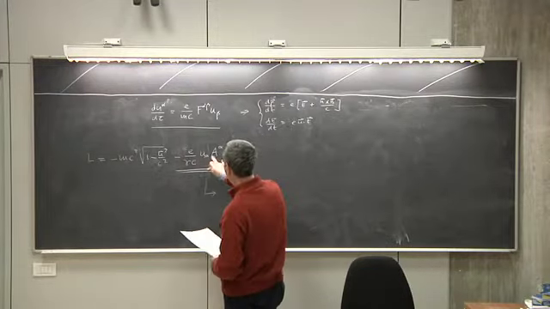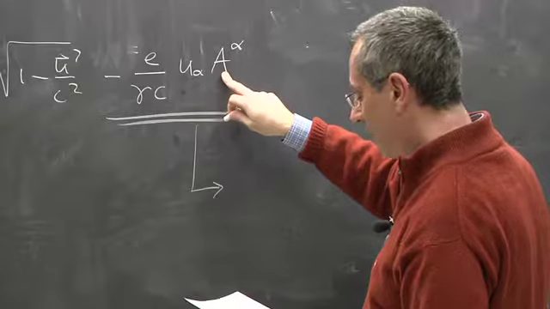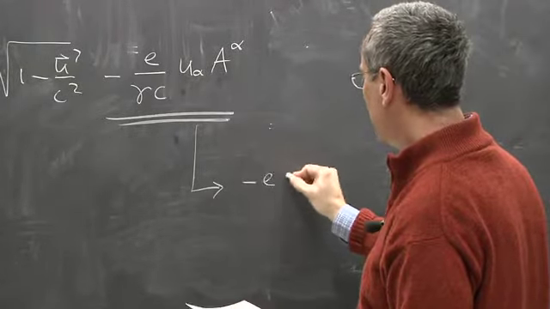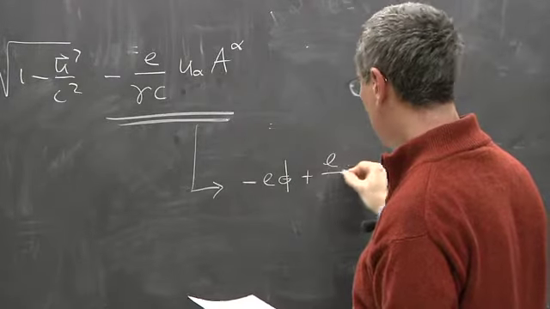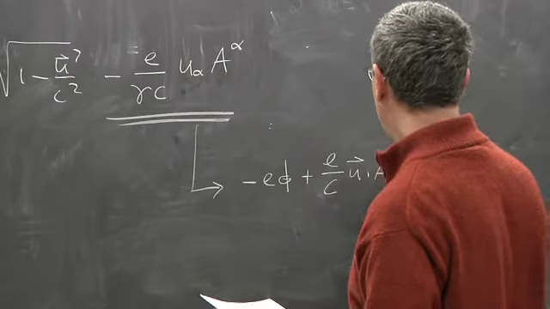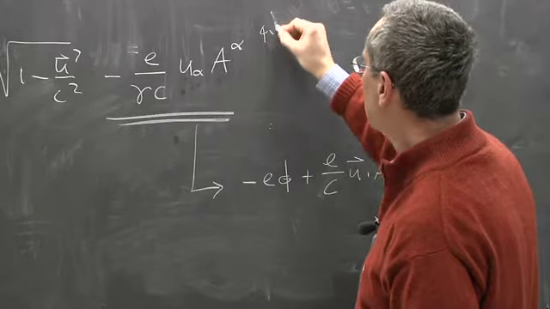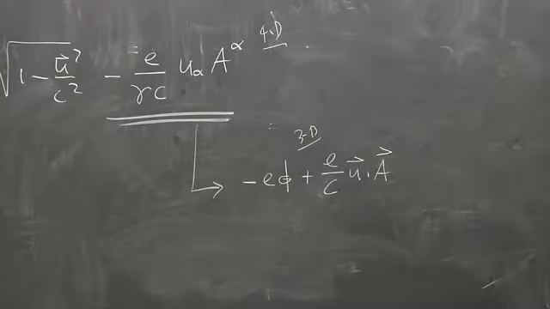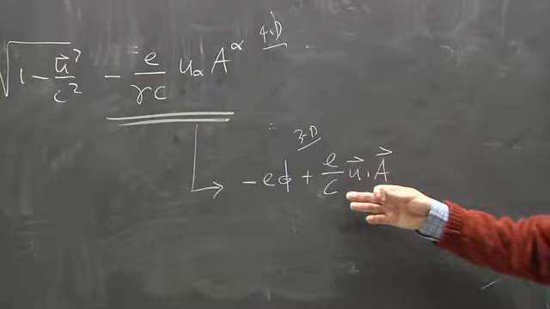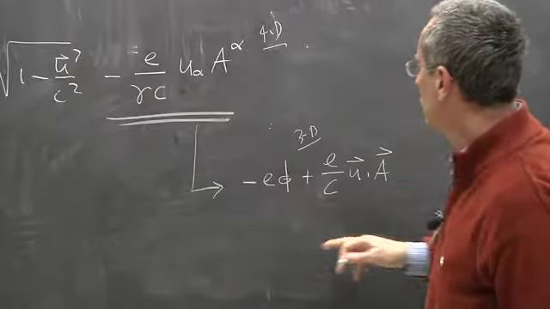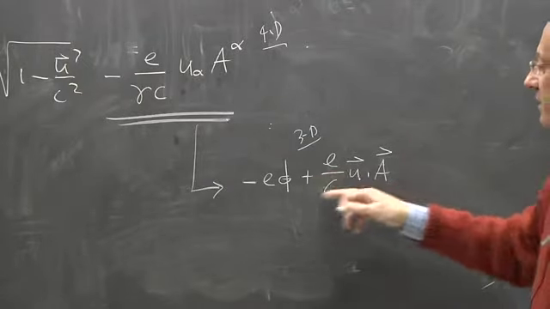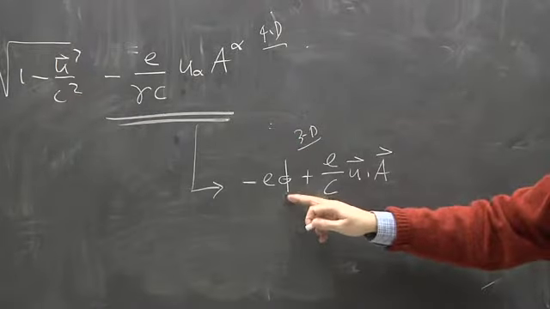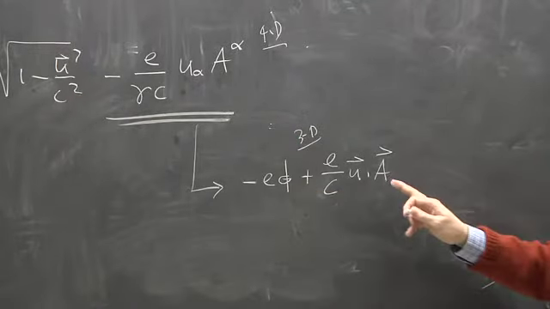Remember that the components were phi and the vector potential, so you get minus e phi plus e over c u dot A. So this is 4D, and this is in 3D. If you want to stick to 3D, using this u vector, then this is the Lagrangian. So this is for the free particle, and this is for the particle interacting with the scalar and vector potential.